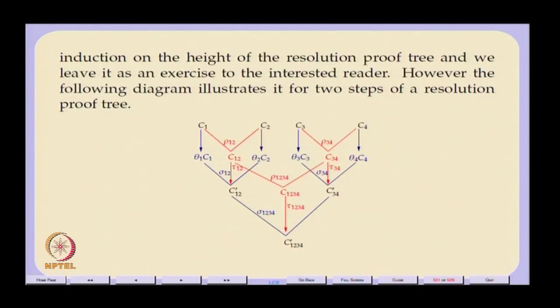I can standardize the variables apart, right, and so I can apply the Lifting lemma again, and that guarantees that I can find a most general unifier rho 1 2 3 4 and a ground substitution tau 1 2 3 4, which will give me my empty clause.